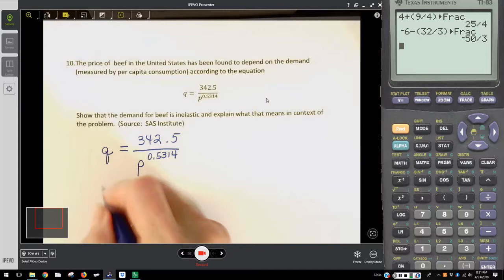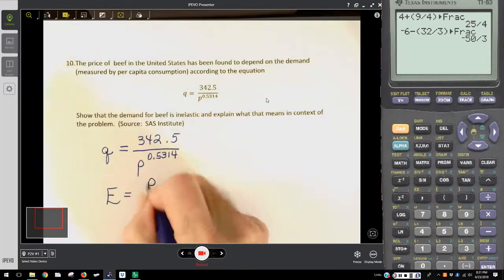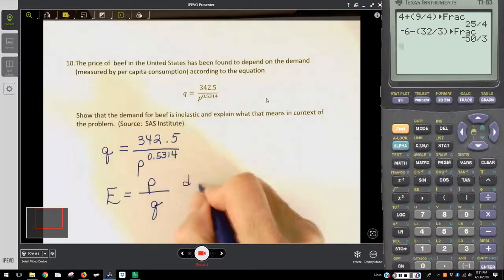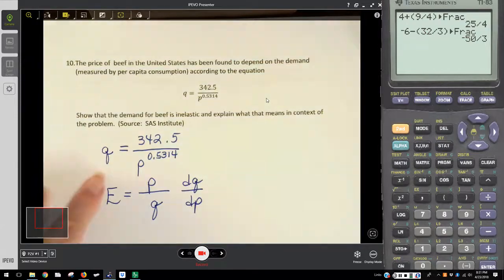And we know that elasticity, E, is equal to P over Q times dQ/dP, which is, of course, the derivative of this quantity.